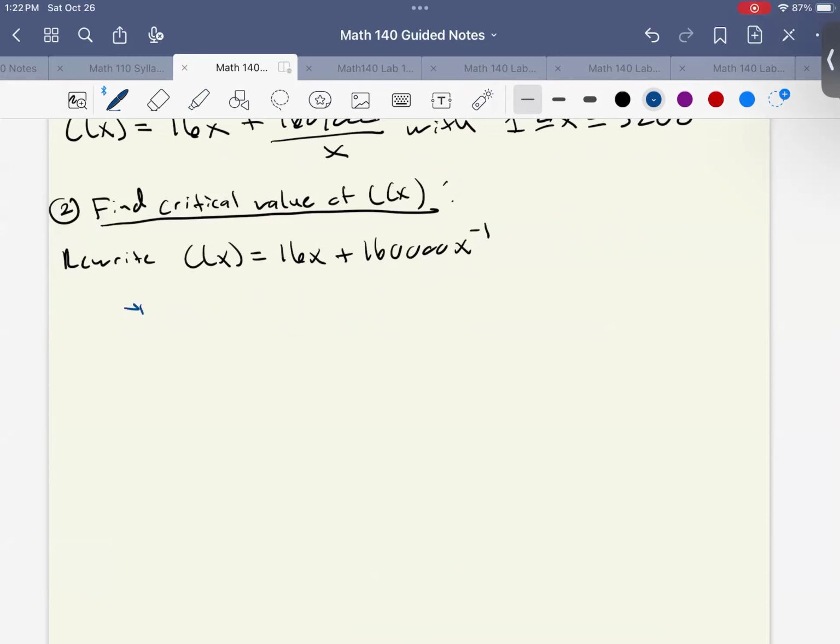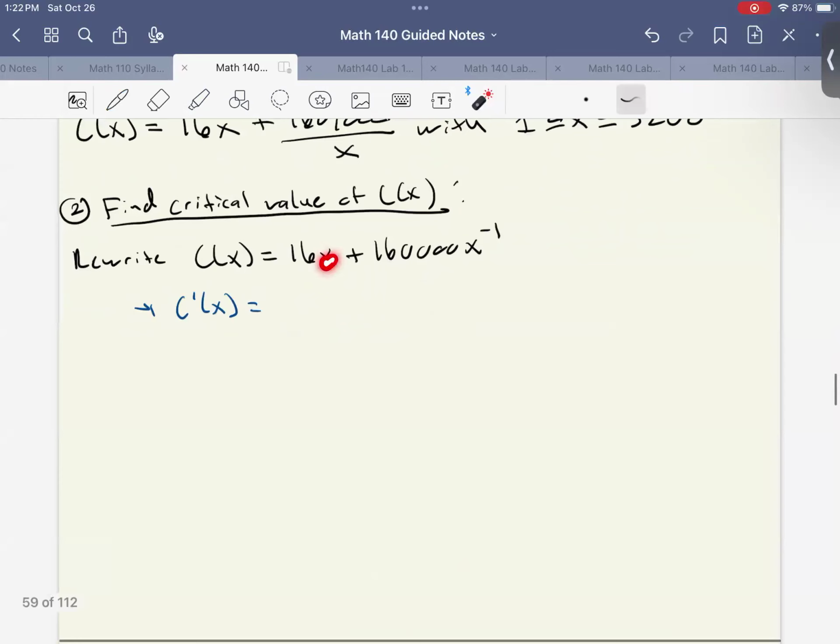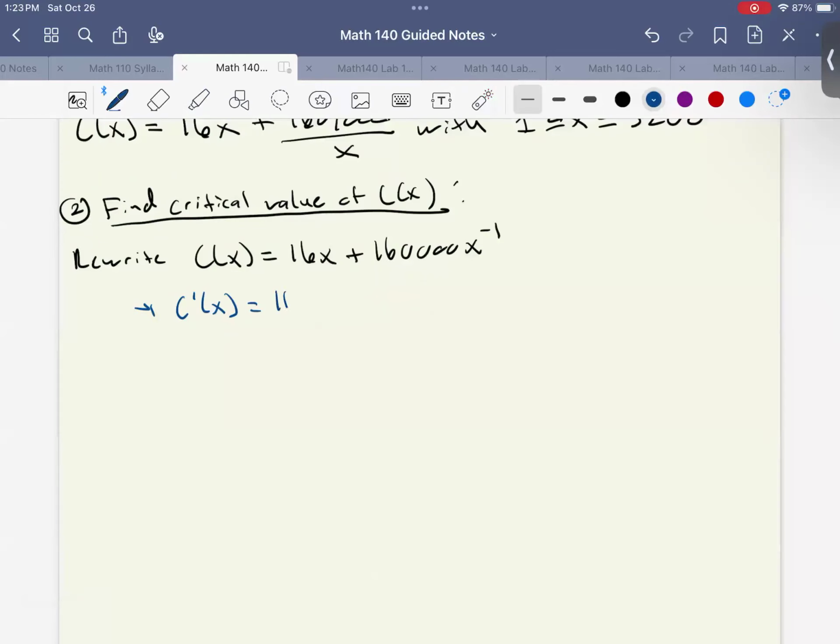The derivative of this is C prime of X equals, the X just goes away, 16, and then this becomes plus 160,000 times -1, because the -1 drops down, X to the -1 minus 1, so -2.